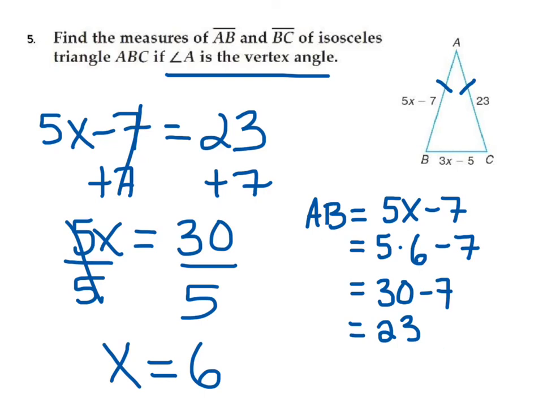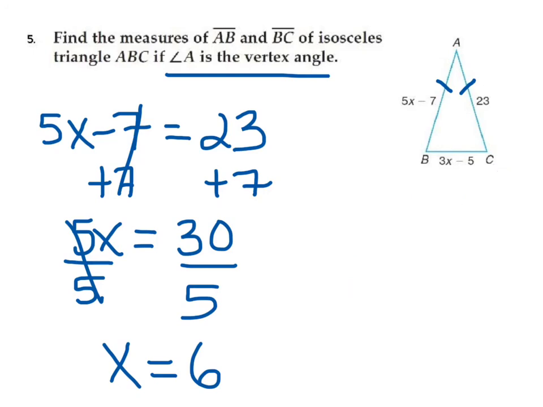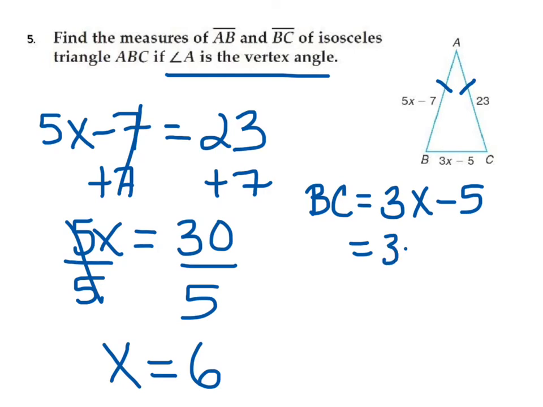Now let's find the value of the length of BC. Again, BC is equal to 3x minus 5. So let's plug our value of 6 in for x and solve algebraically. So 3 times 6 minus 5.